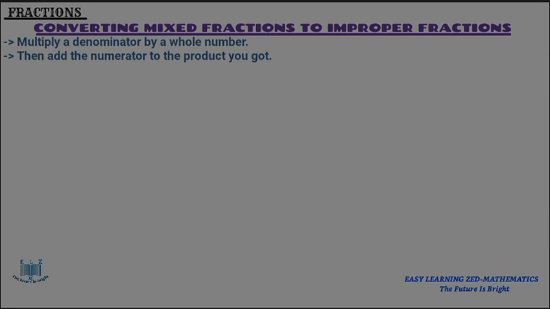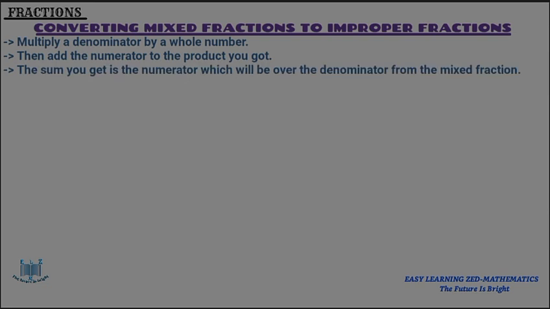For instance, if we have a whole number which is 3 and a denominator which is 2, when you multiply, they give you 6. If the numerator is 1, you add 1 to 6, then you get 7. Now the sum you get is the numerator.